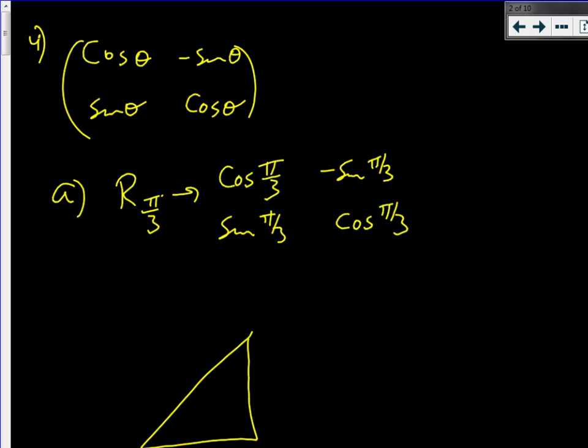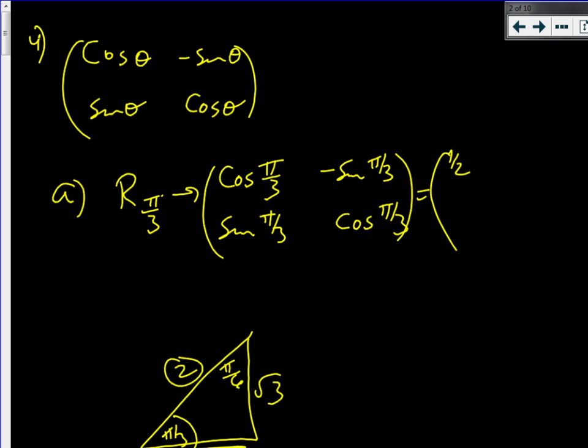But this is a very special matrix. Pi over 3 and pi over 6. This is 1, 2, and the square root of 3. Well, the cosine of pi over 3 is adjacent over hypotenuse. It's 1/2.